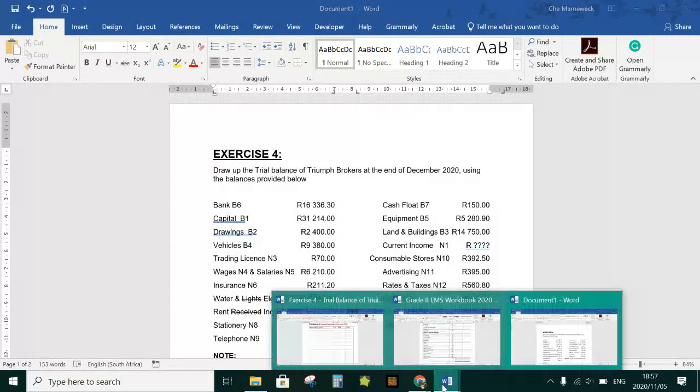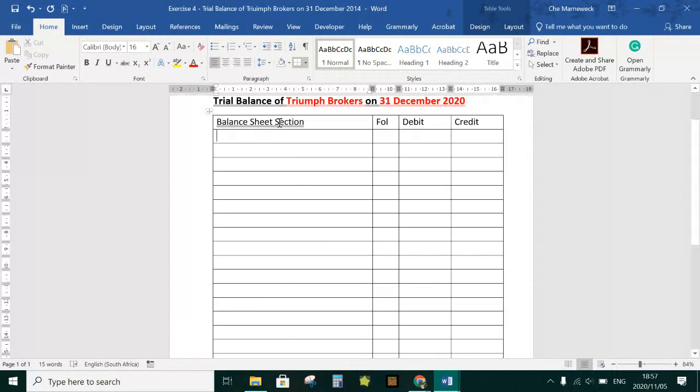So, we go to our sheet, and we start. Capital, B1. Drawings, B2. Then there's land and buildings, B3. Vehicles, B4. Equipment, B5.